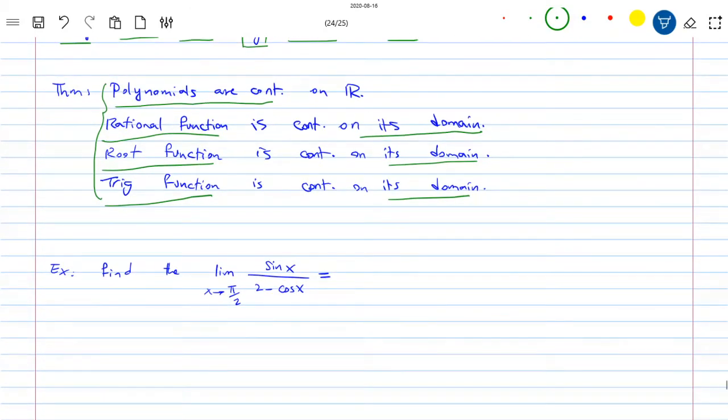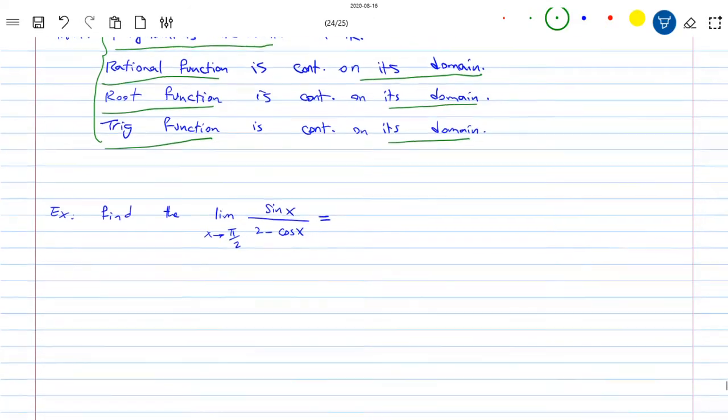Here's an example of a combination of trigonometry and rational functions. Find the limit of this function. Okay, let's replace pi half into the function. Can we do that?